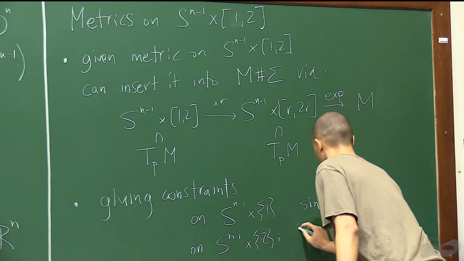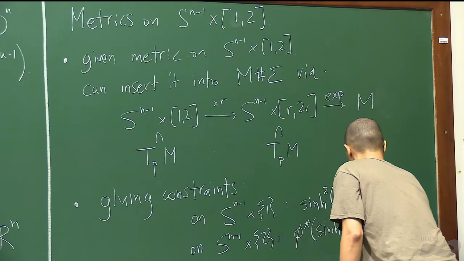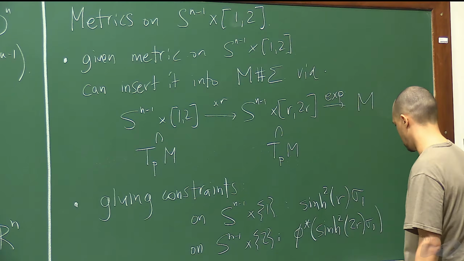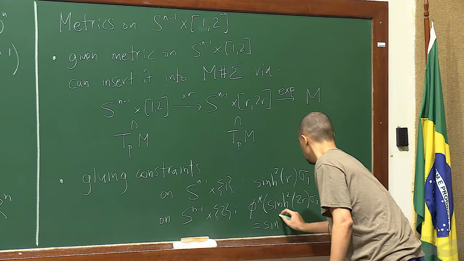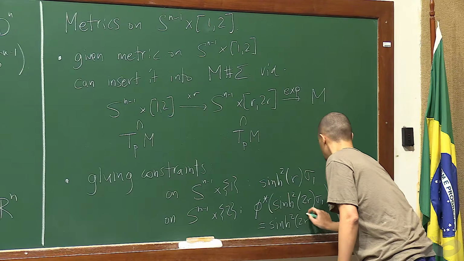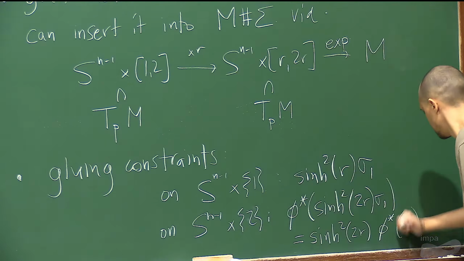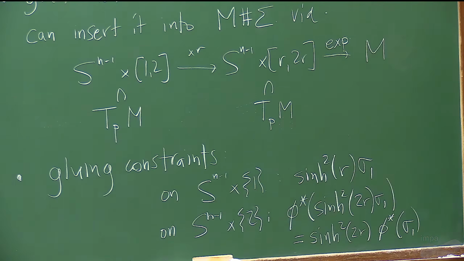So we should see phi star of sinh squared 2r sigma 1, which is the same as sinh squared 2r times phi star of sigma 1. Just pull out the scalar. OK.